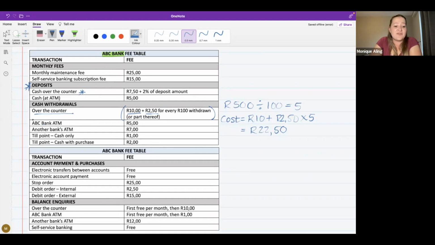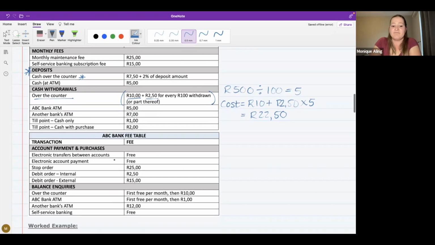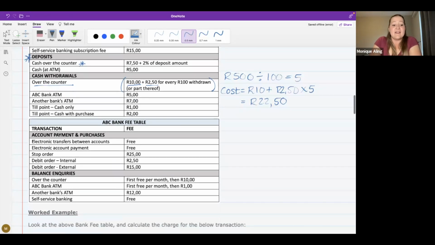Then you've got cash withdrawals at the actual bank's ATM, it's 5 Rand. If you go to another bank, so let's say you go to FNB or Nedbank, it's going to be 7 Rand instead of the 5 Rand. Then you can also be charged for other account payments. So all your EFTs, stop orders, debit orders, everything is listed under there. And then balance inquiries.